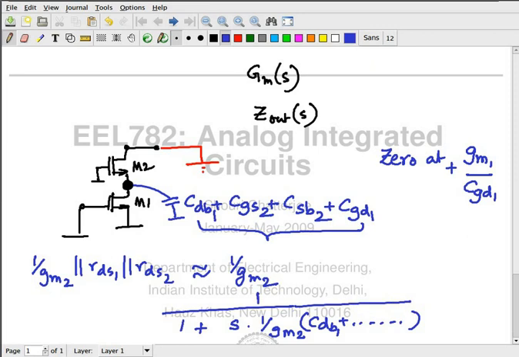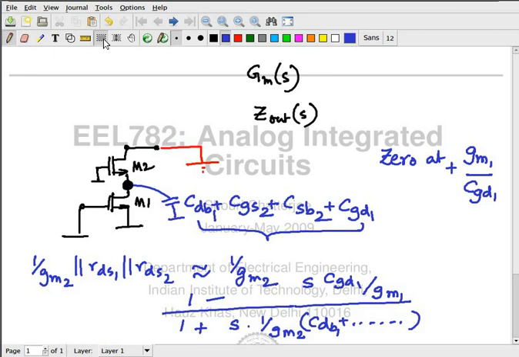Okay, this factor is the contribution of the pole, and the factor that is the contribution of the zero is this quantity. There is a minus sign, huh?